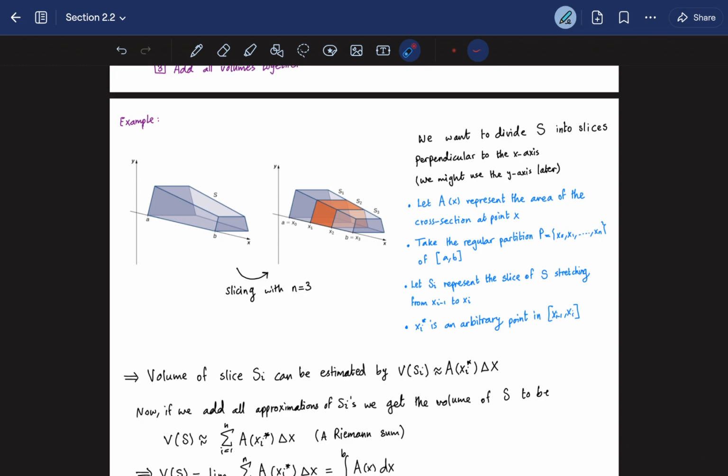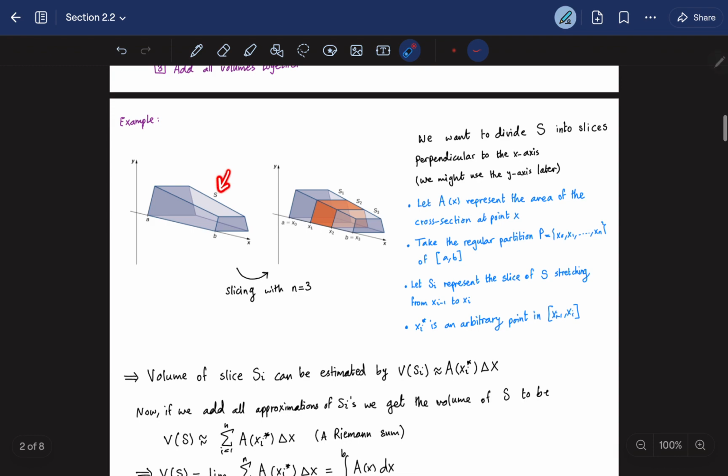So here, I can't just find the area of the cross-section and multiply it by the height, because if you take the area for different cross-sections along this solid, you're going to get different areas. So let's see what we're going to do.